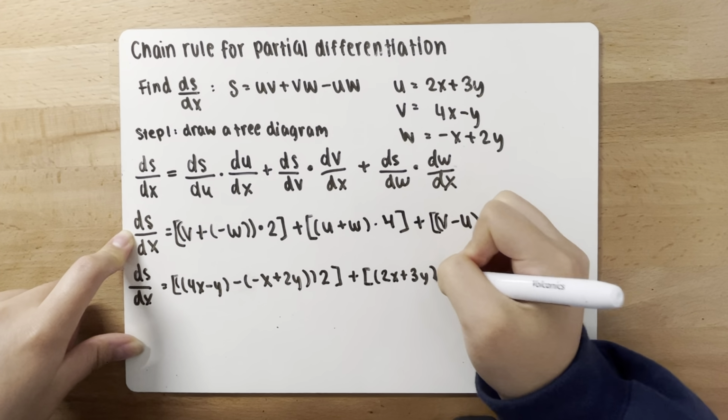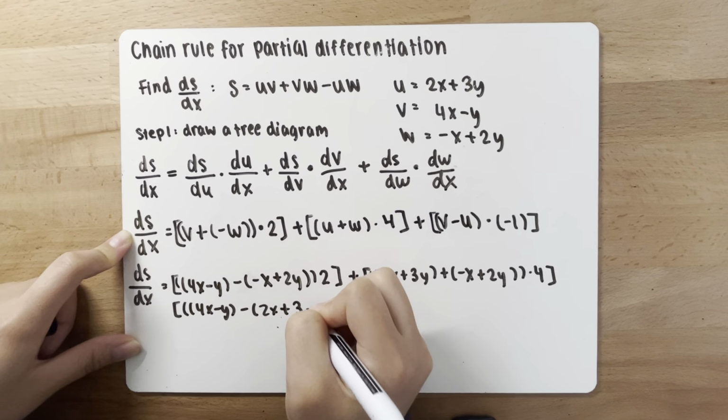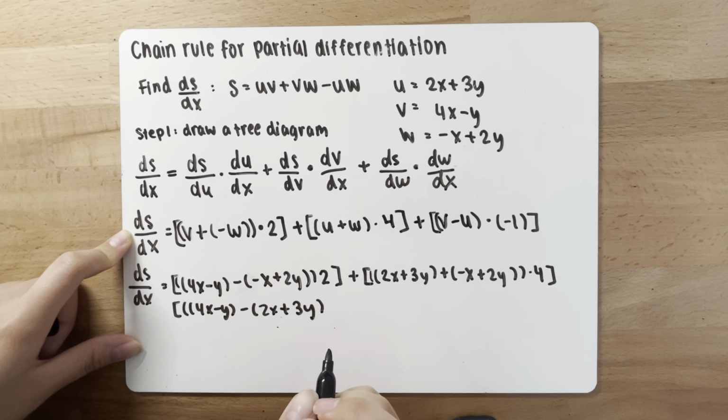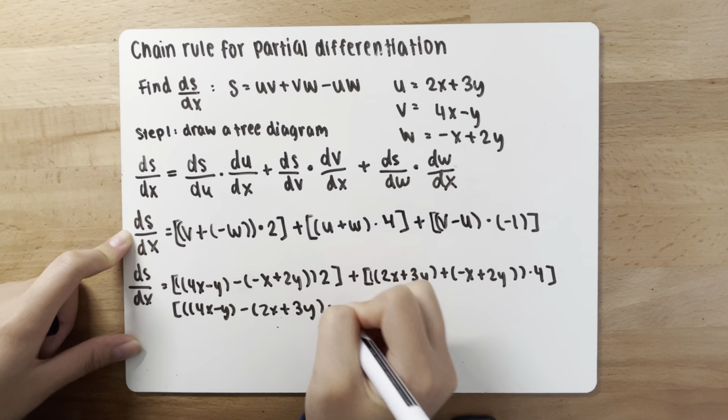And then I'm going to write the other part here. You have v, which is 4x minus y, minus u, which is 2x plus 3y, all of that times negative 1.